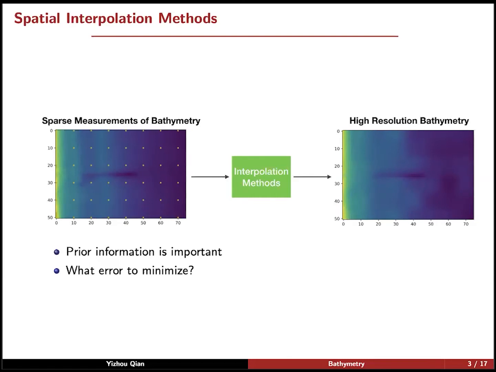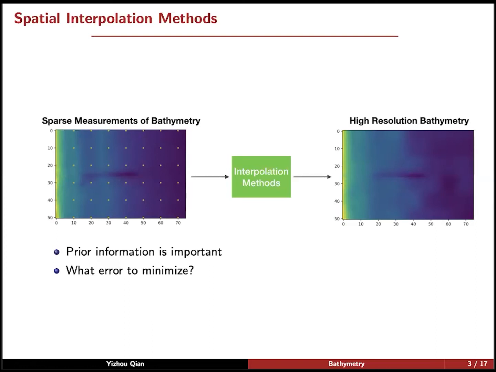I will compare our methods basically based on two most important aspects. The first one is the prior information that each method is assuming. And the second one is the eventual error that each method seeks to minimize. So essentially these two aspects represent the two most important information we are using for our problem. The first one basically assumes what we already know about our data other than the observation we have.